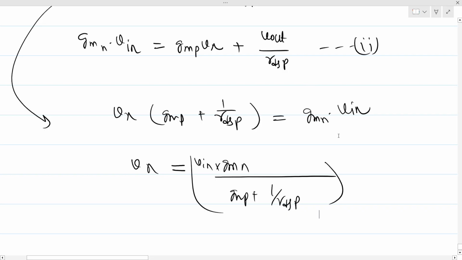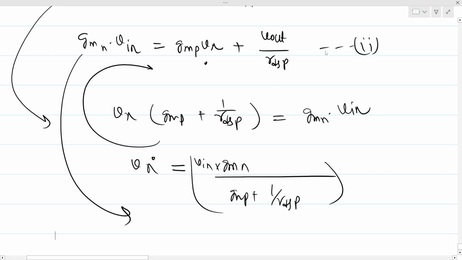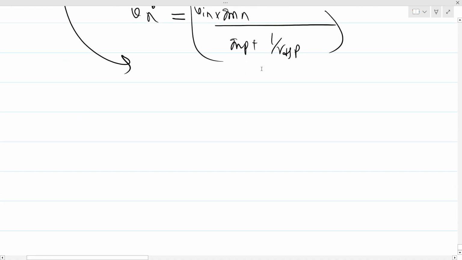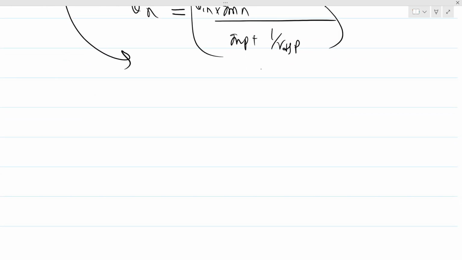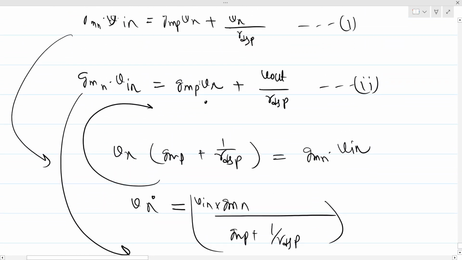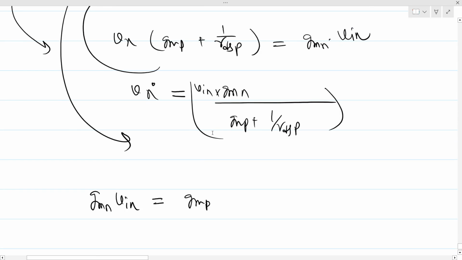Okay, now we need to put this Vx into that expression. Now from here I can write as well GMN V in will be equal to GMP Vx. So now we need to replace that Vx, right? This Vx with this.